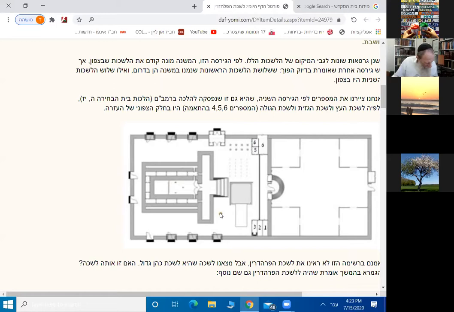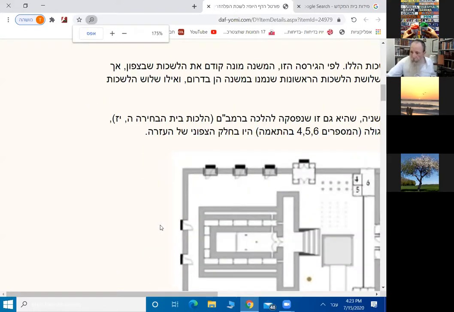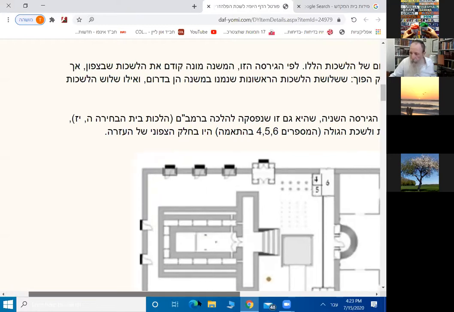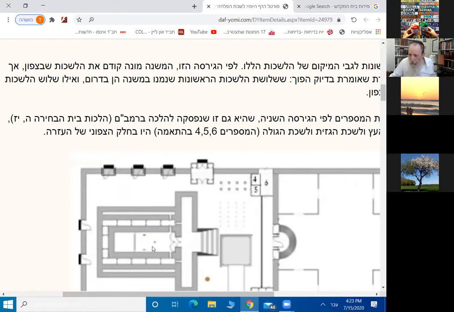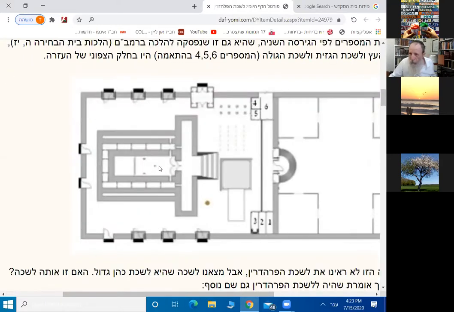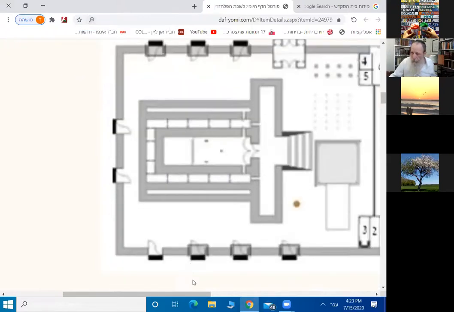And then there has to be a Mizbeach HaKetoret. You can't see it here because it's very small. Maybe we should make it bigger. Here, this is the golden altar. It's getting a little fuzzy, but there it is.